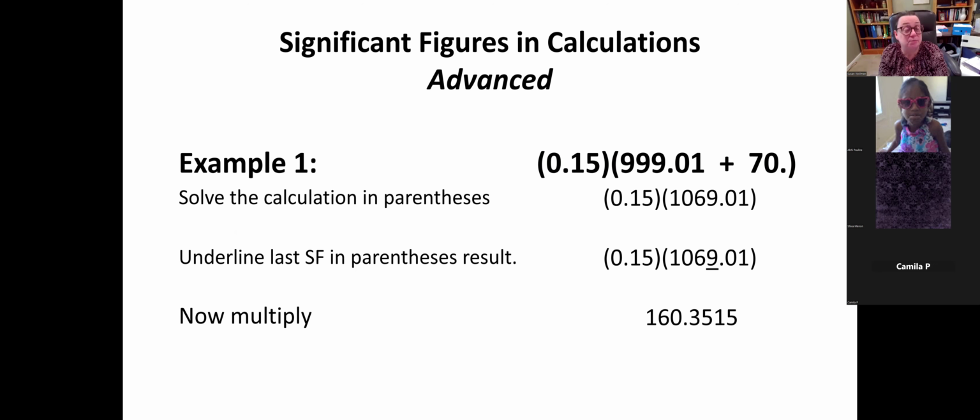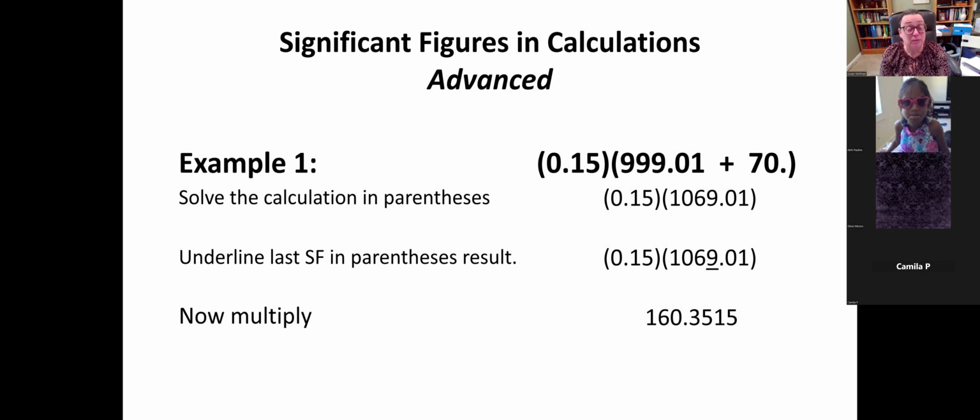So we're multiplying something with 2 significant figures by something with 4 significant figures. So how many should be in our answer? How many significant figures should be in our answer? Right, it's the smaller number. So 2. All right.